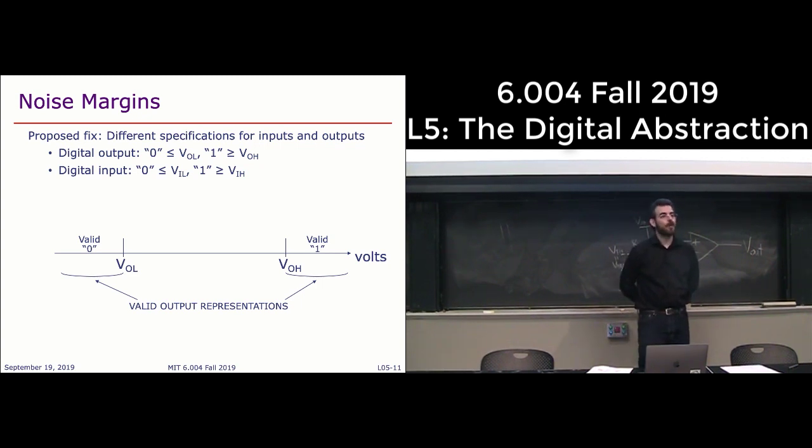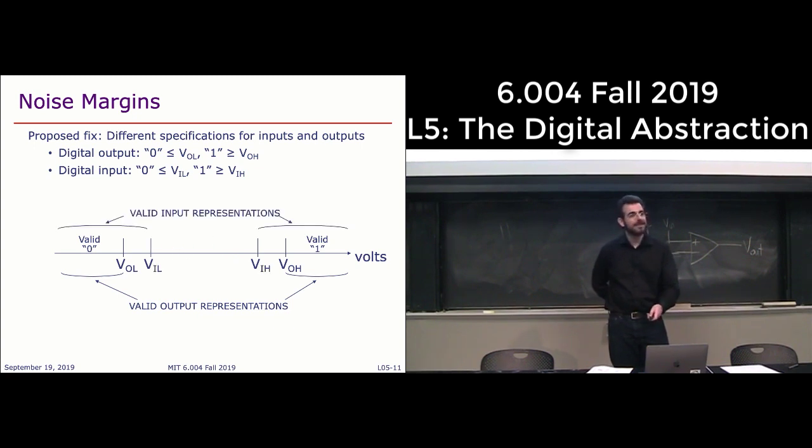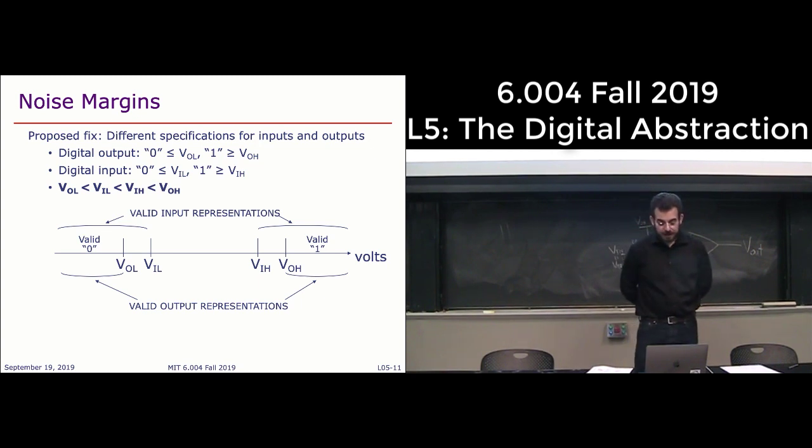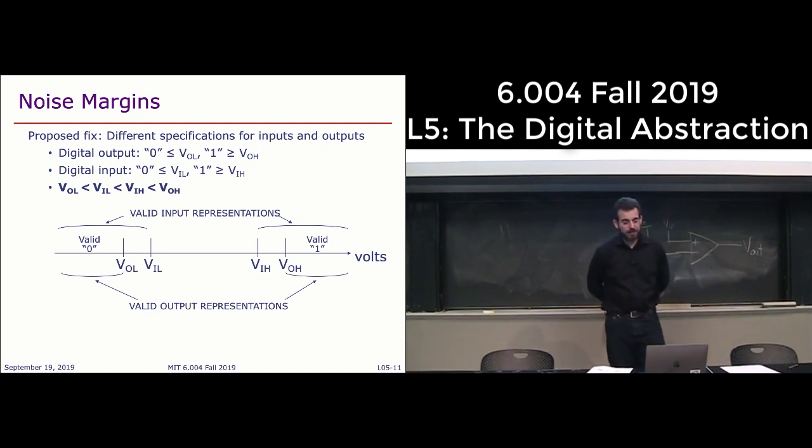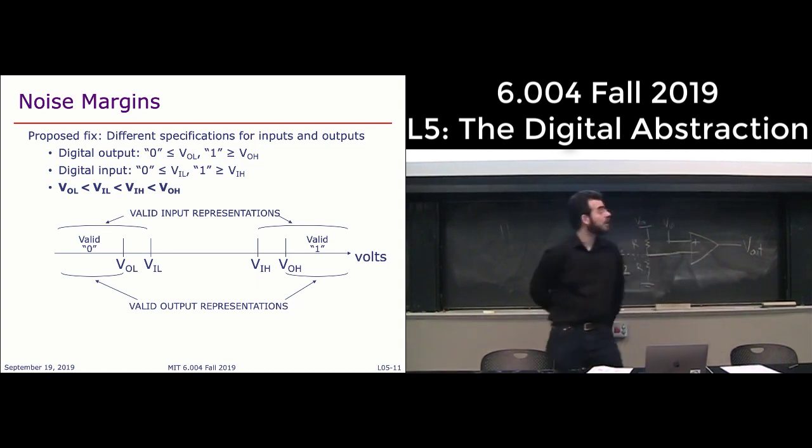And for the system to work, where do these thresholds need to be? These thresholds need to be somewhere in the middle, right? You want VIL to be larger than VOL, and you want VIH to be smaller than VOH. And essentially, this gives rise to this equation over here.